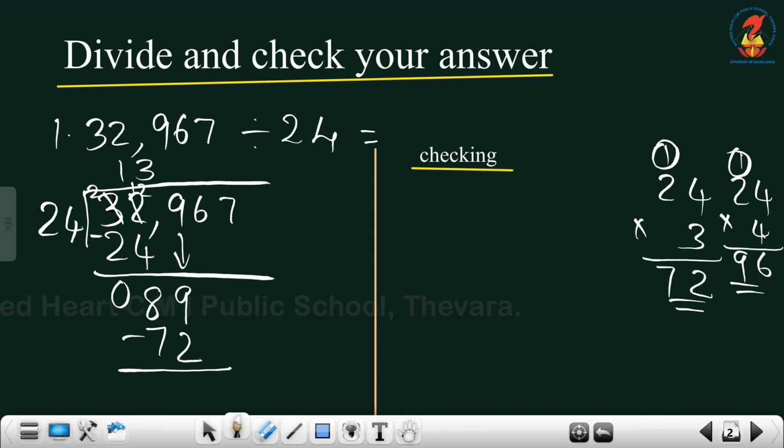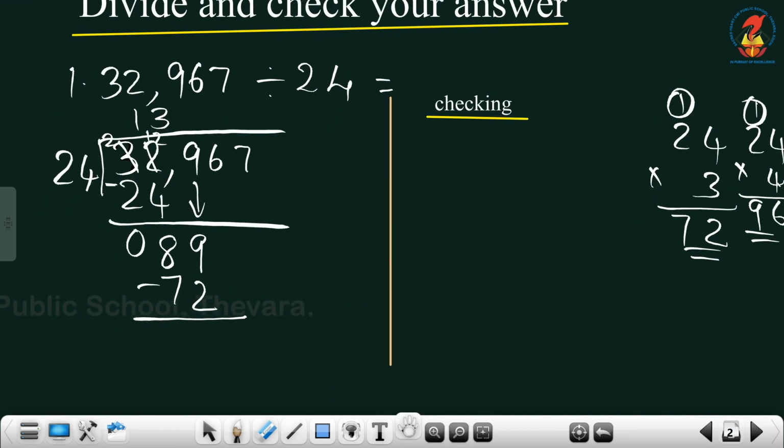After that we need to subtract. Then subtract, 7, then 1. 17 only, right? Then for the next step I need to take the next digit down, that is 6.